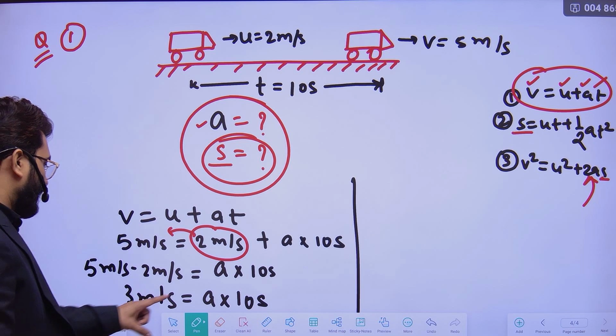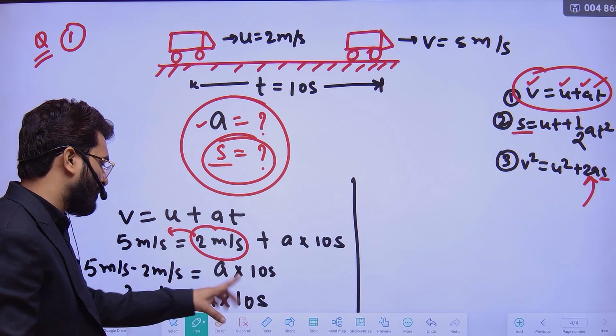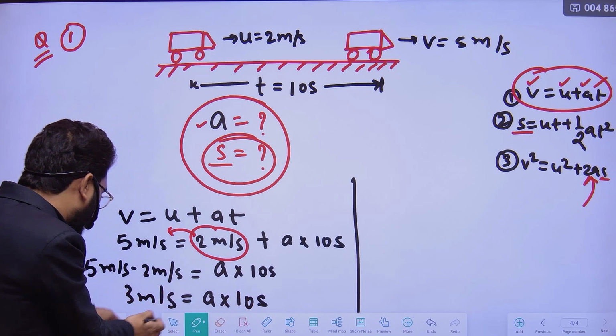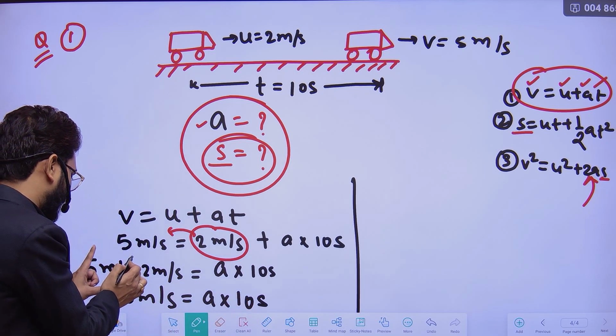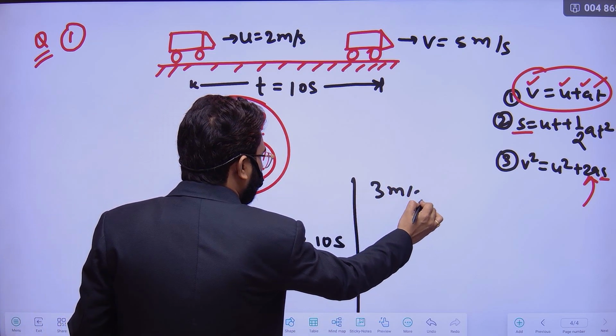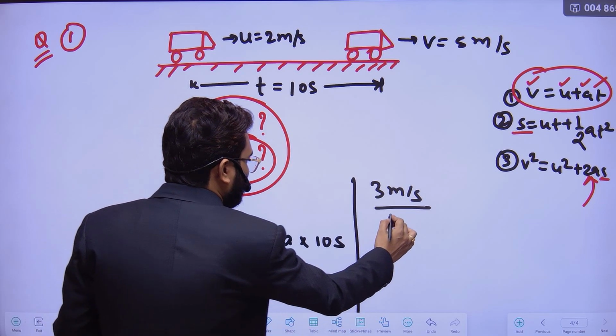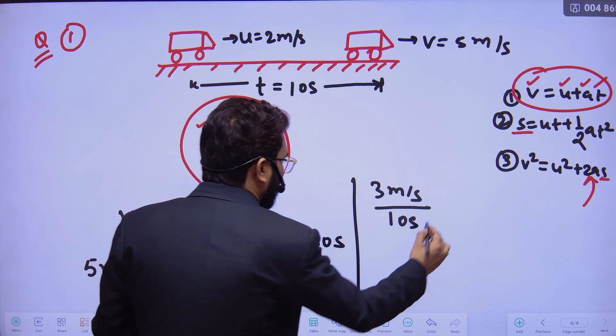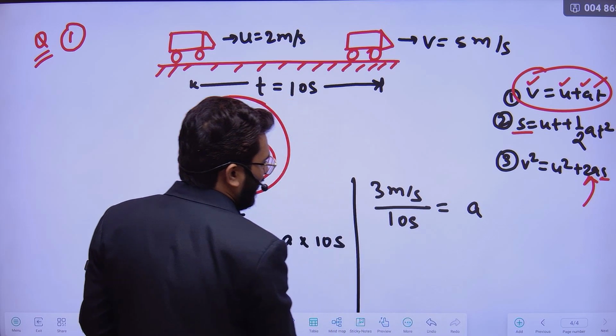So a will be separate from 10 second, and 10 second will go to the LHS. So there is 3 meter per second upon 10 second, and this is a.